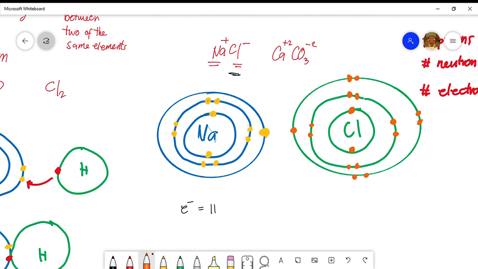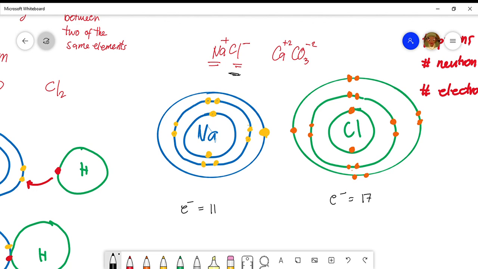So we have a total of 2, 4, 6, 8, 10, and 7. We have 17 in total. So the number of electrons for the chlorine is 17.